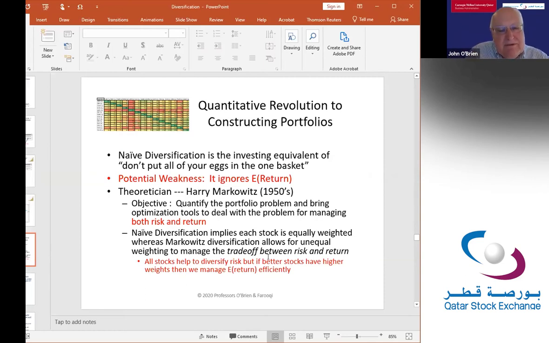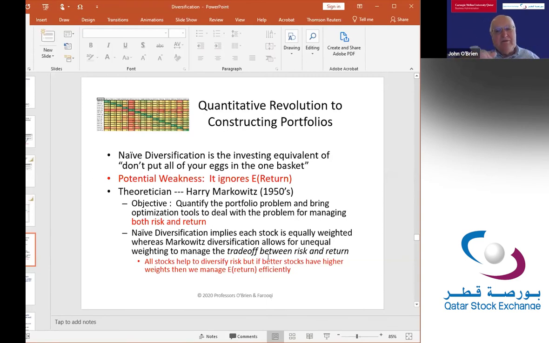Now, this makes intuitive sense if you think about it. If you've got, say, 16 to 20 stocks in your portfolio, some of those stocks you may assess to be better than other stocks in terms of the return front. They may all be good at reducing your unsystematic risk, but some may be better on the return front. So you may want to change your tilts a little from all being equal weights. Equal weights just means that you break up your wealth, divide by 1/16 and put an equal amount into each stock. That's equal weights.